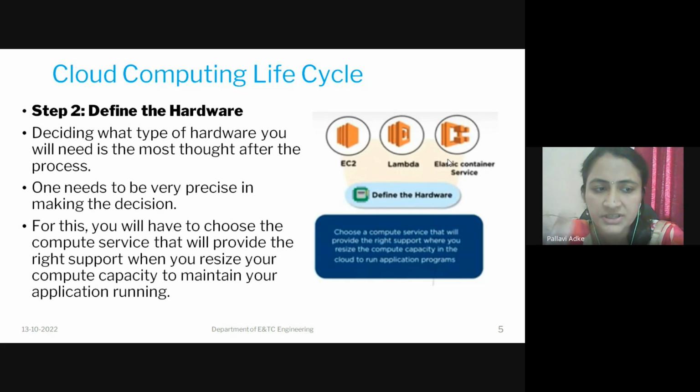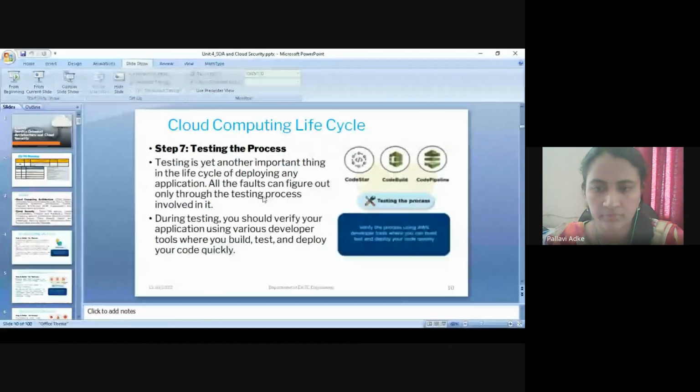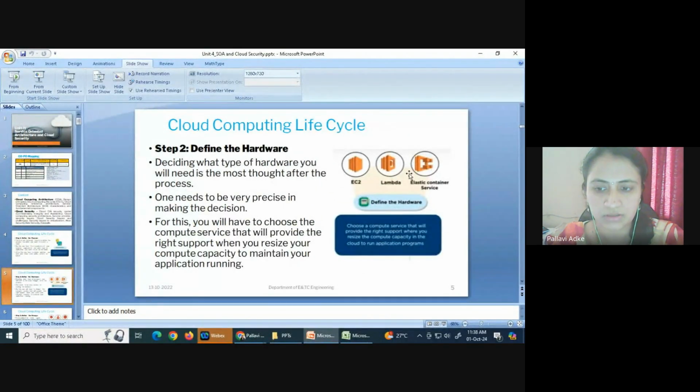Out of these, which hardware do you want to choose? Lambda means a fraction of seconds. I don't have a very large model, but a very small model, and some instances I want to upload and deploy, just check the output of that, then that is called Lambda. Then Elastic Container Services, this is the third one. So these are the different options for the hardware.